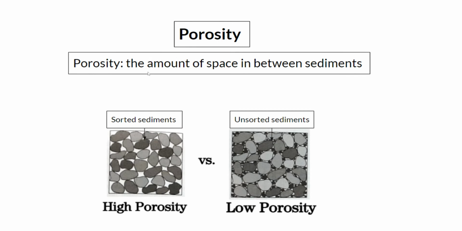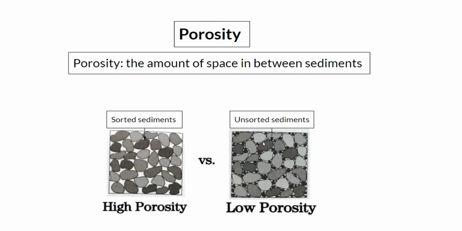Porosity. What is porosity? Porosity is the amount of space between sediments. So permeability is the ability of water to flow through a bunch of sediments, but porosity is how much space we actually have between the sediments. For instance, in sorted sediments, we have lots of space between the sediments, so we have high porosity.